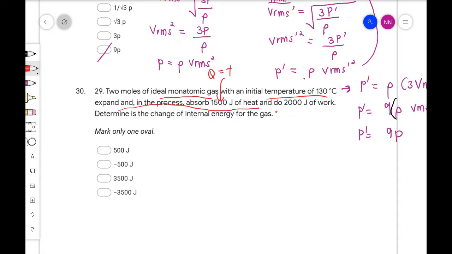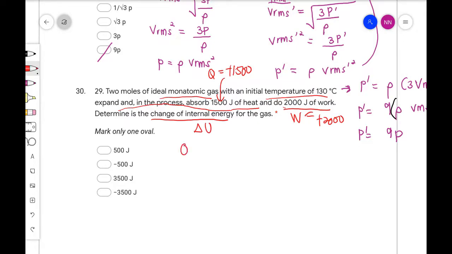Okay, absorb heat, so Q is positive. Alright, and do 2000 joule of work. So W is positive as well, positive 2000 joule. Okay, determine the change in internal energy, delta U.